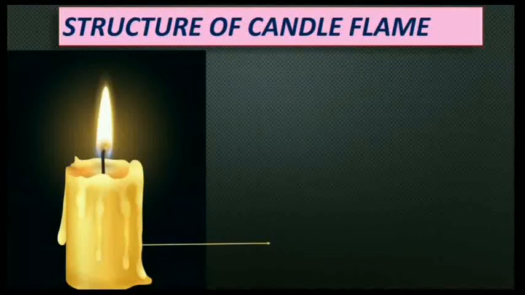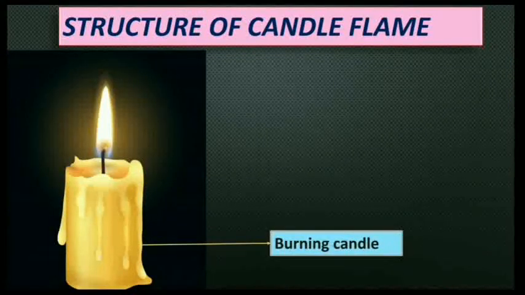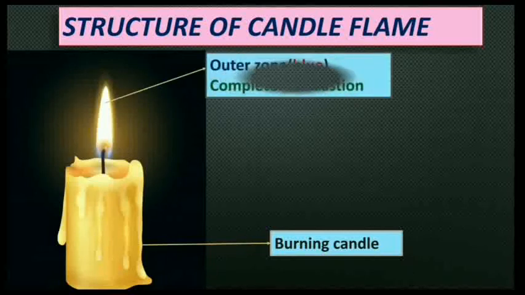Burning candle. Now let's see how this flame is divided in different parts. A flame consists of three zones or three parts. These are the innermost zone, middle zone and outer zone. First, outer zone. It is blue in color. Here, the availability of air or oxygen is sufficient, so complete combustion takes place.